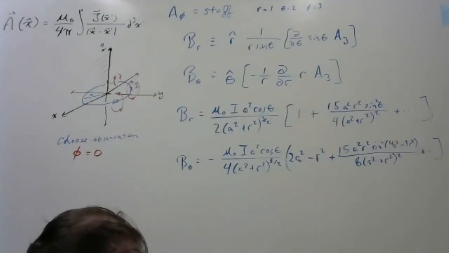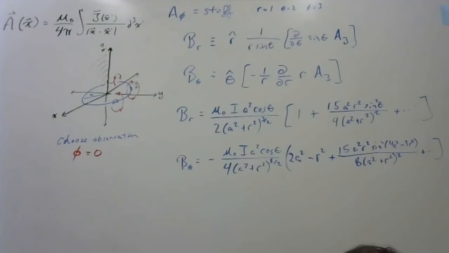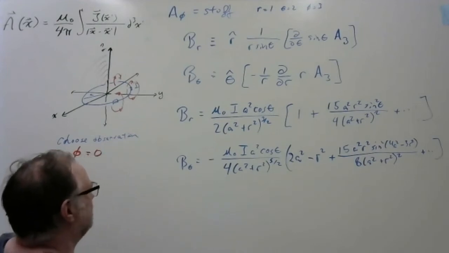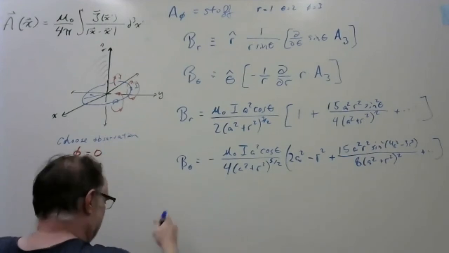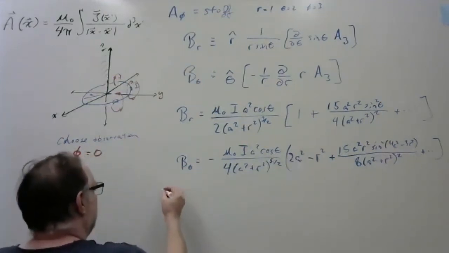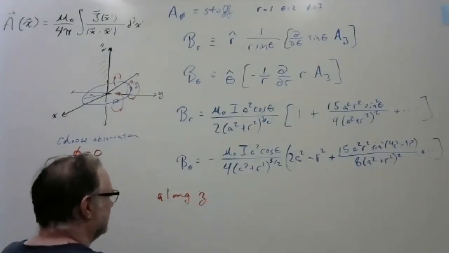If we look at the big mess we have over here, we can look at basically three places, okay? So three limits we can actually look at and see kind of what it does. The first one is along the axis, along the z-axis, or near the z-axis, okay?